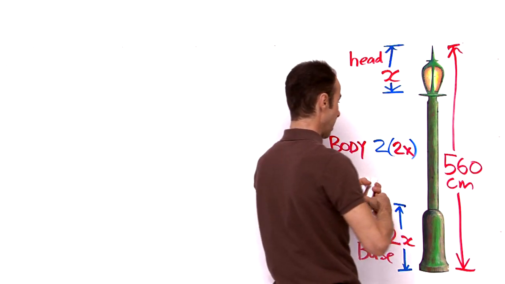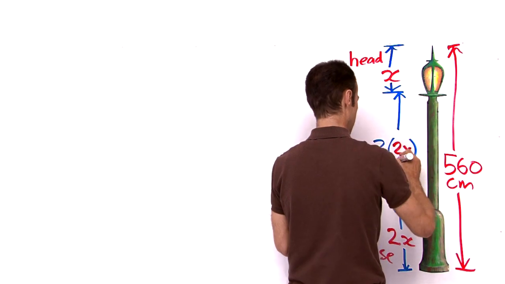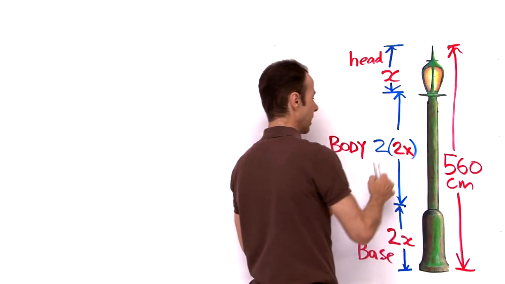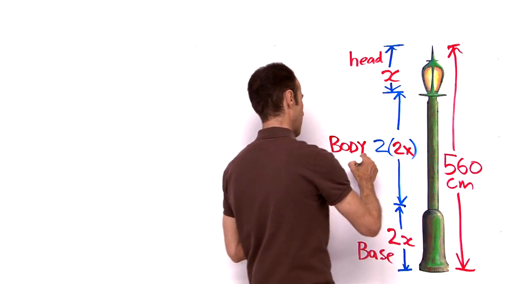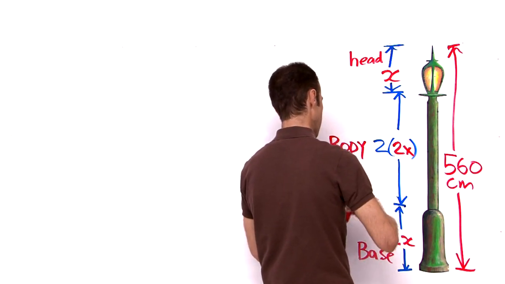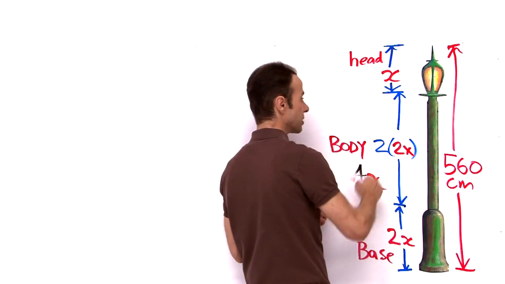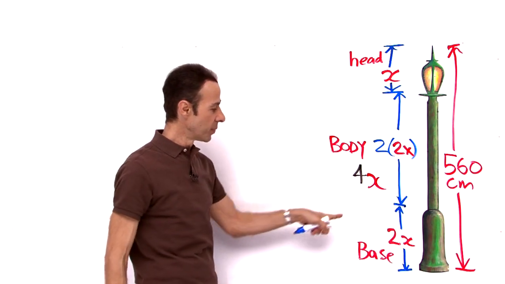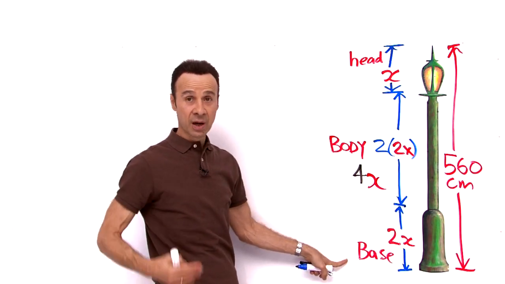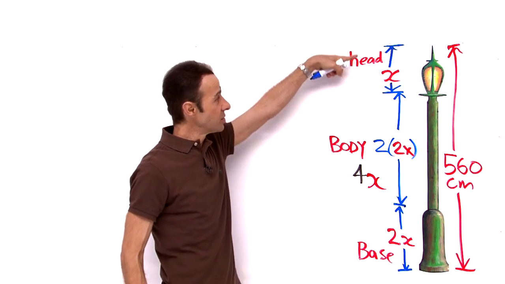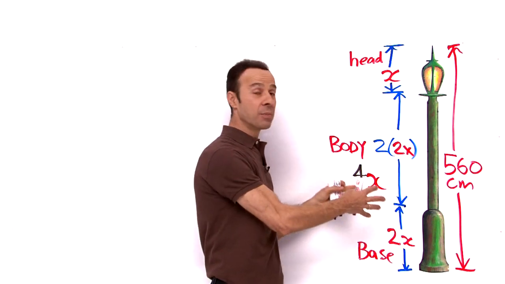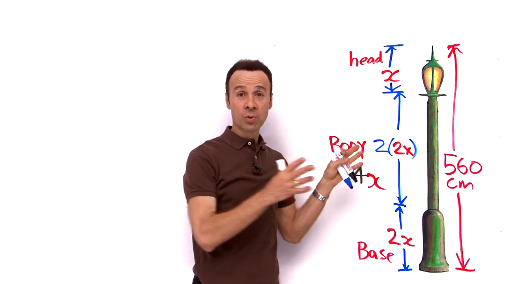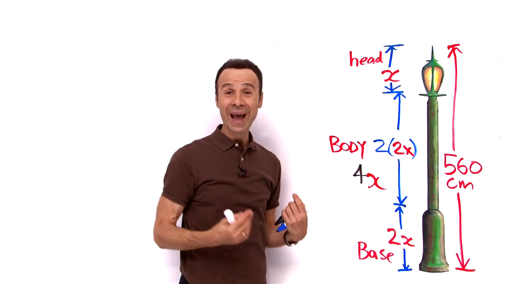So let me just put in the arrows here. Now 2 times 2x gives us a value of 4x. So 4x is the actual body, 2x for the base, and the shortest length is the head, which is simply x. Now that it's labeled in a picture, we've taken those words and made them visual, now we can form an equation.